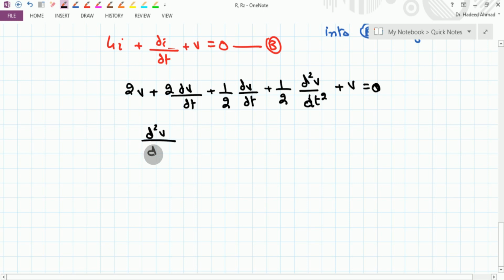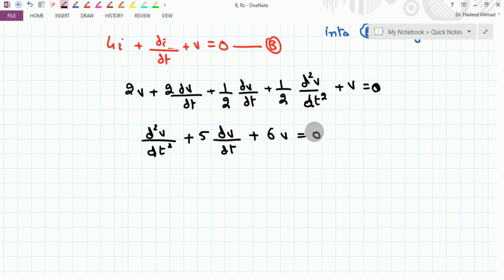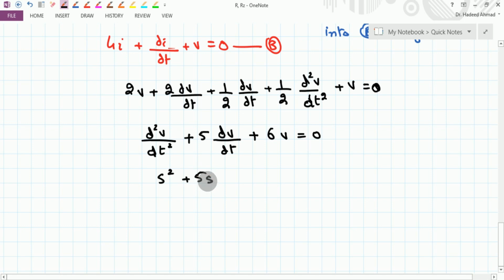So d square v over dt square plus 5 dv by dt plus 6v is equal to 0. And now this can be transformed into the characteristic equation as s square plus 5s plus 6 equal to 0.